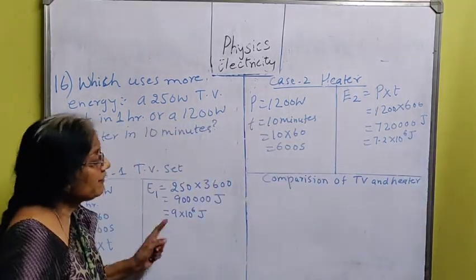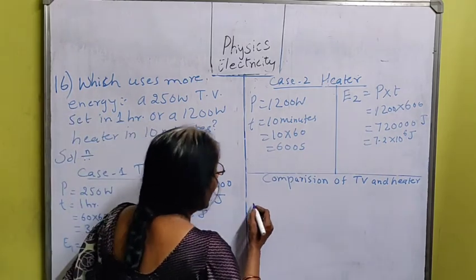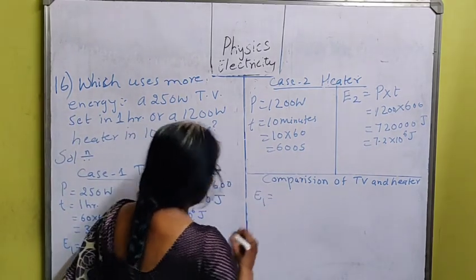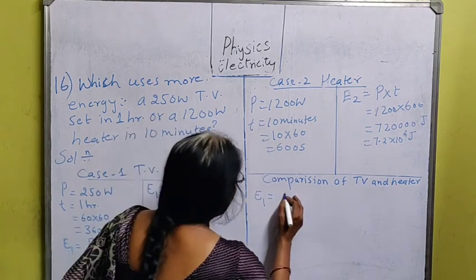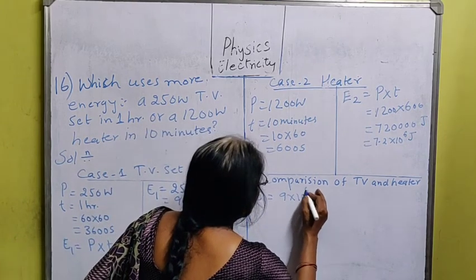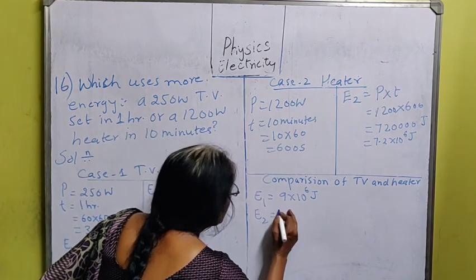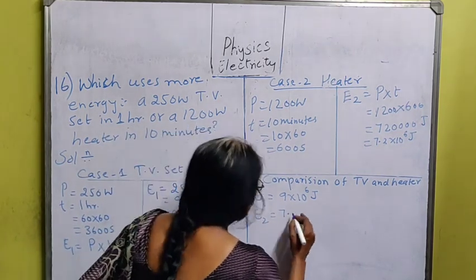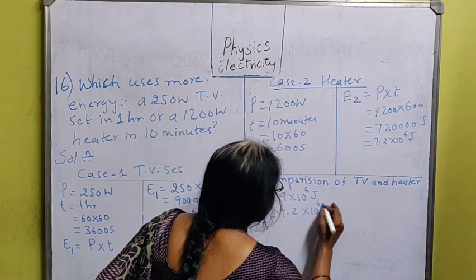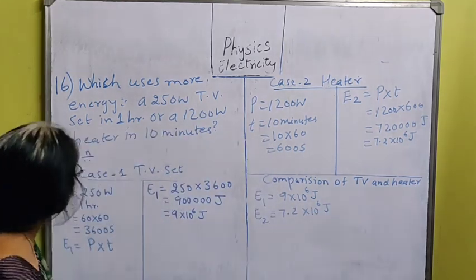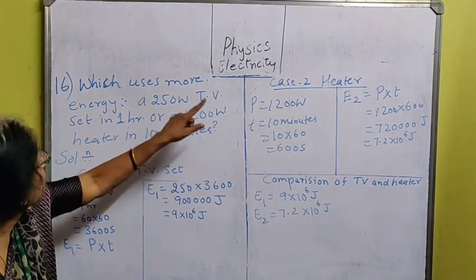So I got E1 and E2. So we have to compare. So E1 is equal to 9 into 10 to the power of 6 joules. E2 is equal to 7.2 into 10 to the power of 6 joules. What has he asked us to find out? Which uses more energy?